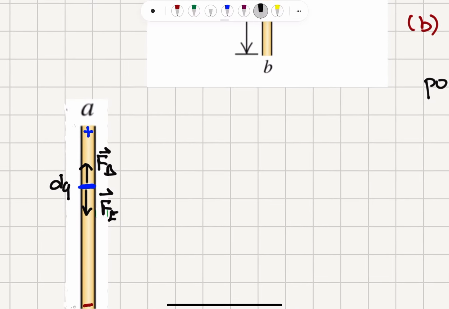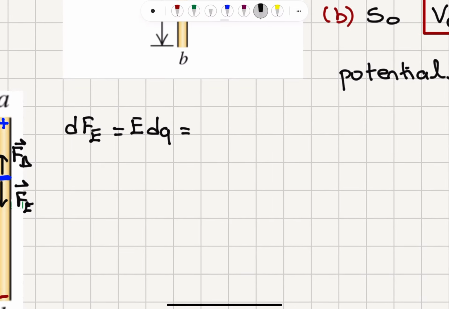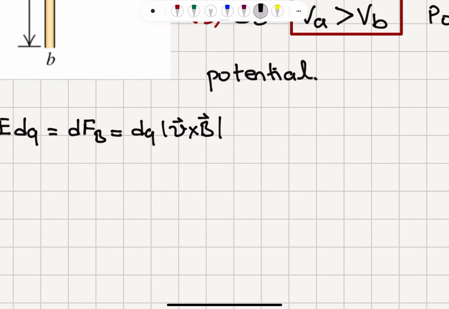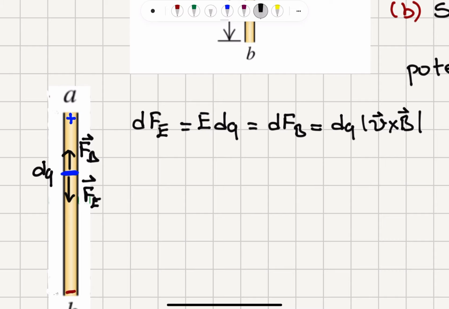So the electrical force that they feel, dF_E, which is the magnitude of the electric field multiplied by the charge, must be equal to the magnetic force they feel, dF_B, which is dq times the magnitude of v cross B, when we reach equilibrium. So this is at equilibrium, so that there will be no more motion of charges towards each direction.